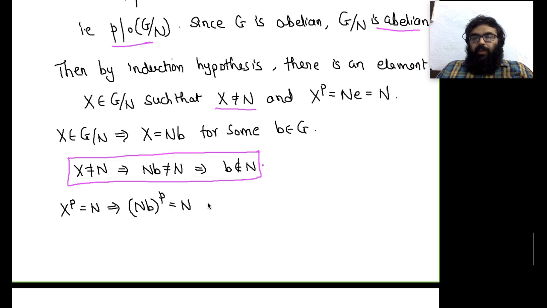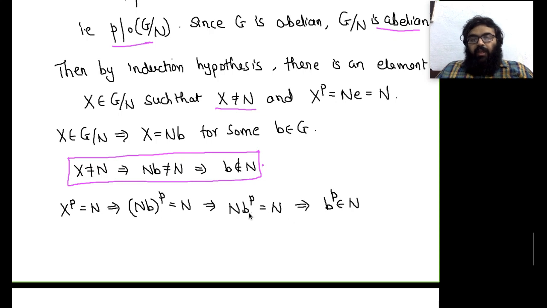What is nb power p? nb times nb, the product is nb squared. So nb power p is nb, p times. So this implies n and then b power p equals n. What does this mean? b power p belongs to n.